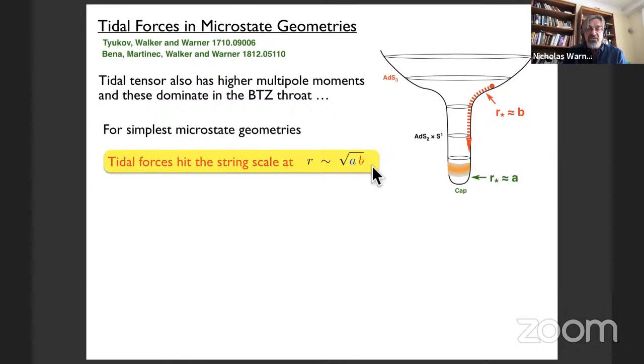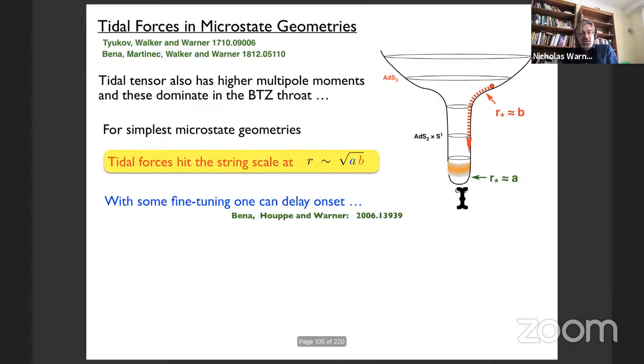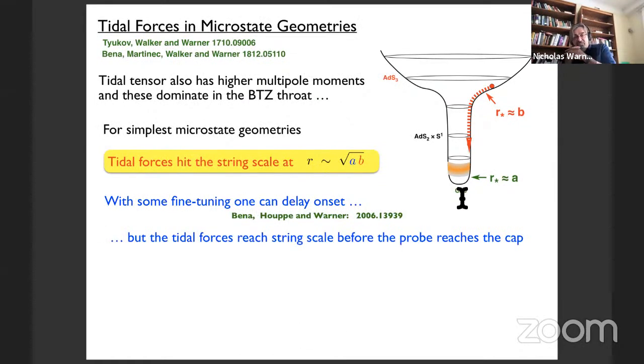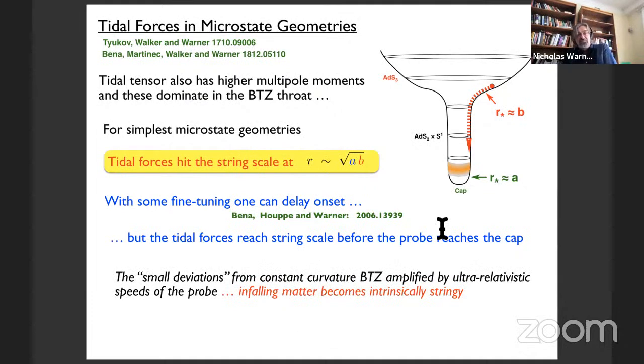And in the simplest of these calculations, you find the tidal forces hit the string scale roughly, in the geometric mean sense, halfway down the throat. You can do some fine-tuning to delay the onset a little, but in fact, before you hit the cap, the tidal forces on a probe dropped from a long way away will be large enough to hit the string scale. And so originally we thought, oh, well, that's interesting.